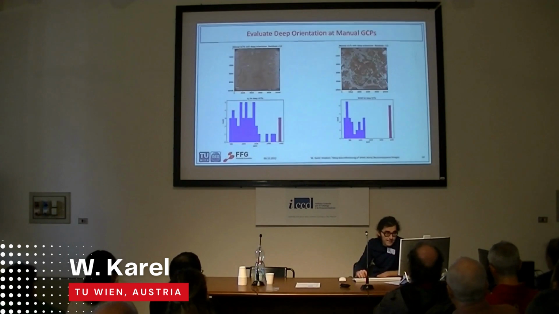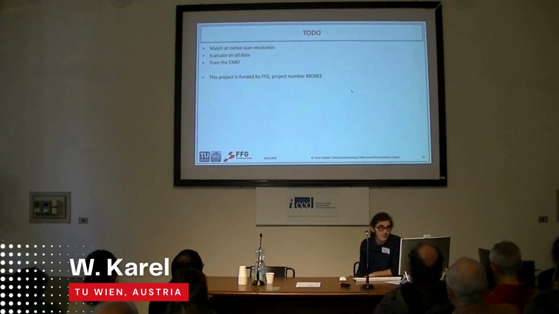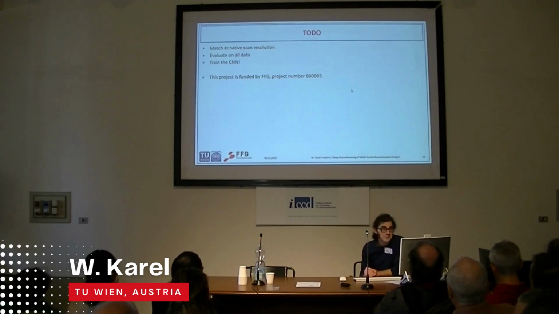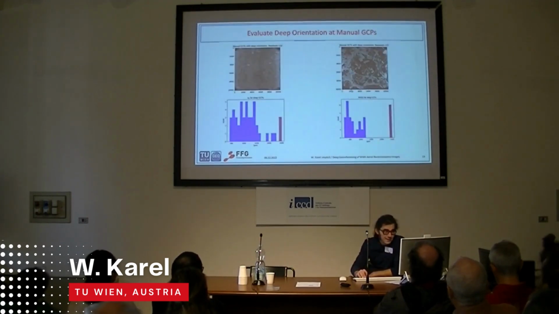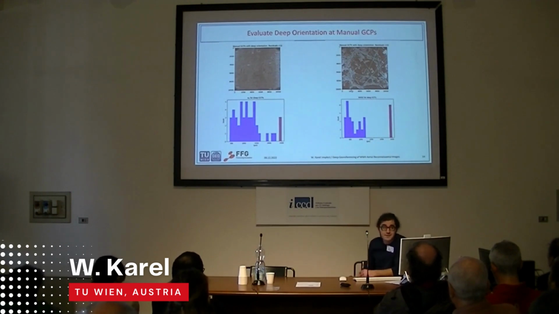What I left out is that there is one very obvious to-do on my list, which is to do the matching in native resolution. We've heard that already. That's just obvious. And just to make an estimate, I downsampled all the aerials to 1,000 by 1,000 pixels.